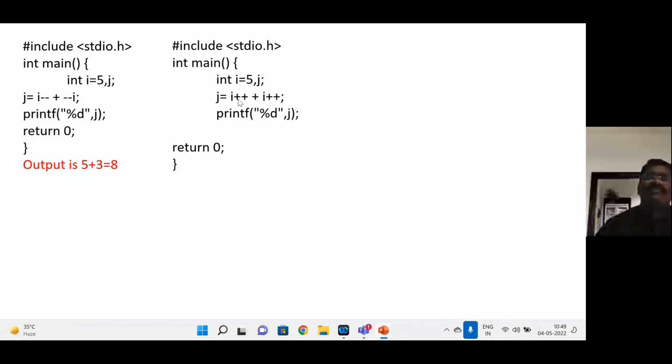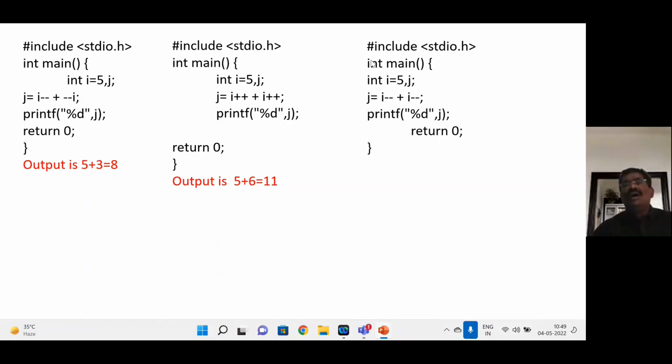But when we are using these two, it should be evaluated from left to right in the expression only, right? So printf("%d", j). Here we are taking 5 plus 6, and you get 11. So this is the post increment and this is the post increment. That's why you are getting 5 plus 6 is equal to 11.